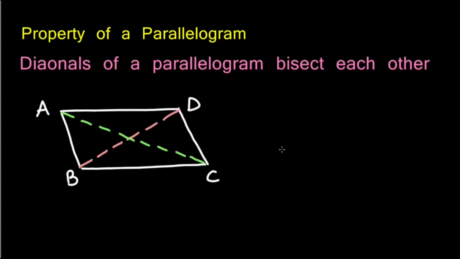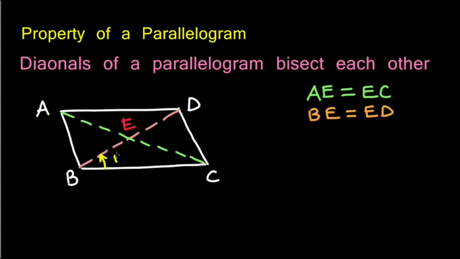Let the point of intersection be E. We have to prove that AE equals EC and BE equals ED. We have already seen that because of diagonal BD, angle 1 equals angle 2, they being alternate angles, and because of diagonal AC, angle 3 equals angle 4.